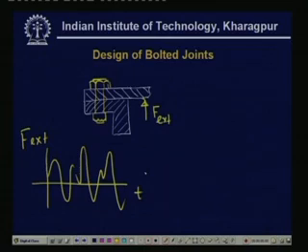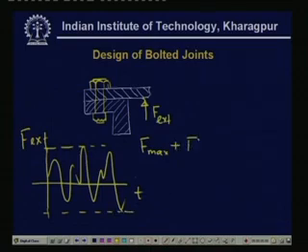First of all we will have to find out what is known as the mean stress or mean force. The mean force is found once we know the maximum force. If we have F max, the maximum value, and F min, the minimum value, then taking the arithmetic average, we call this force F mean.